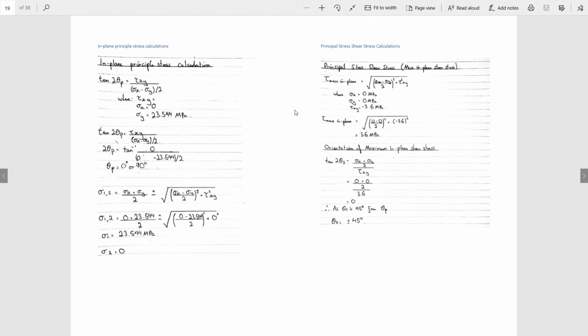In-plane principal stress, right, so we already know that substructure 1 is going to have way more going on, so we're mainly just focusing on that. We're saying that the shear, the XY, is taken as 0, so we've got our 0 here. We're saying that basically our structure is stationary.